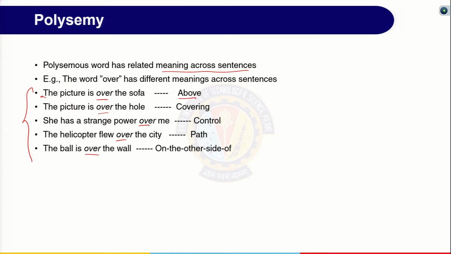It is suggesting that the picture is above the sofa. Whereas in another sentence, the picture is over the hole. In this context the word over is trying to suggest the meaning covering. So the picture is covering the hole. Similarly, there are different contexts that are being used for the word over in other examples. Such kinds of words which have different meanings across sentences are polysemous.